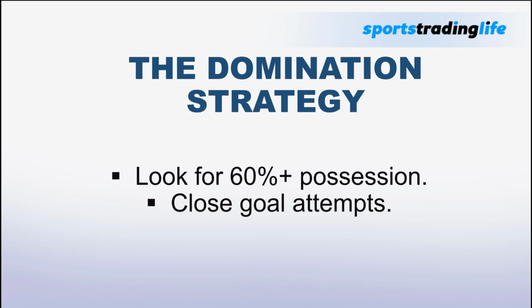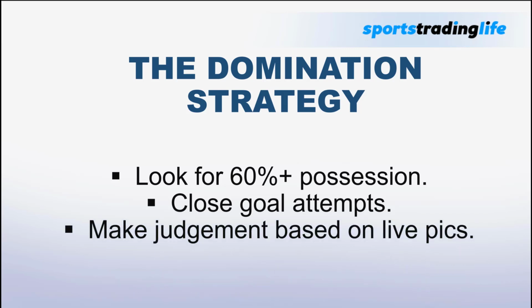They might not quite have 60%, if they've got 55%, but they're looking very close to scoring. Maybe they've already had a good chance. Then of course you could still get involved, but it is a judgment call and you need to make that judgment based on the live action that is happening in front of you. This is a strategy that relies a lot on skill, that is for sure.